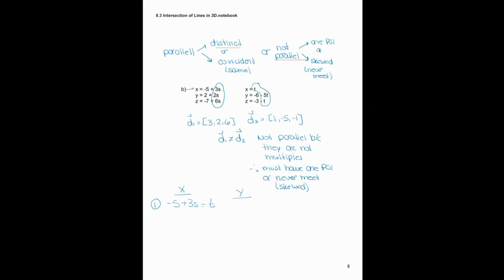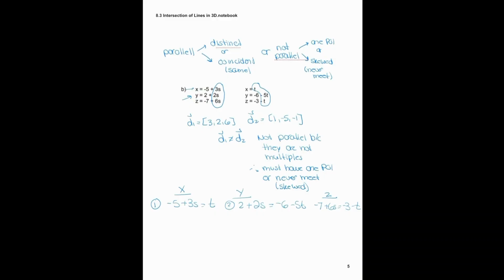For our y value, this is going to give us equation 2. We have 2 plus 2s is equal to -6 minus 5t. And for my z value, we are going to have -7 plus 6s is equal to -3 minus t. So we've set those all up.